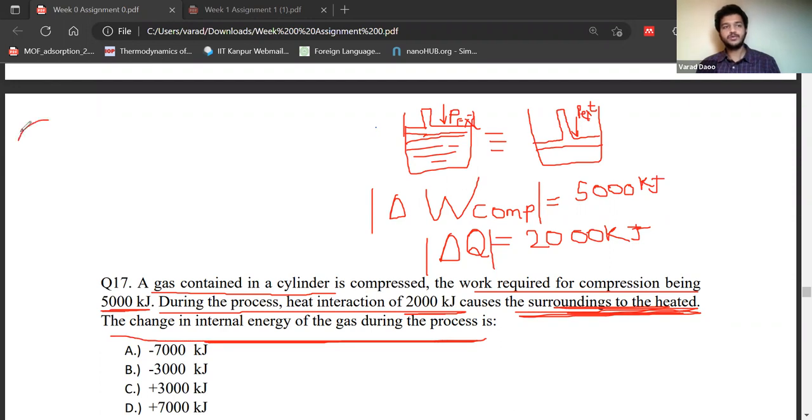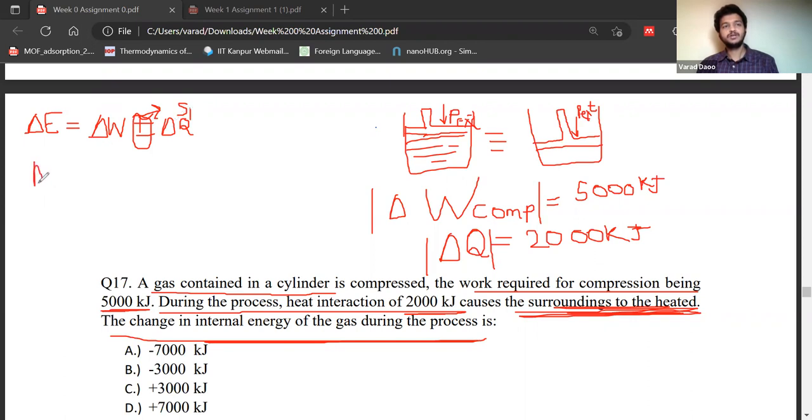Here we will invoke the first law of thermodynamics. The first law tells us that the change in the internal energy is equal to work done plus or minus delta Q. When I say plus or minus, this basically means what kind of sign convention we are using.